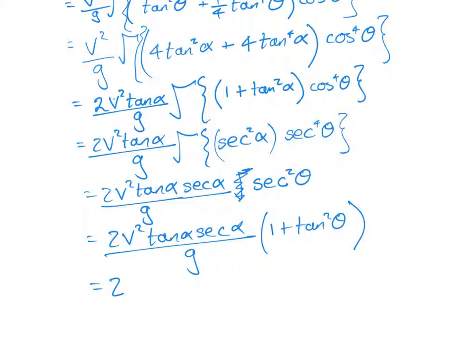I've done bad here. I've just said that cos is equal to sec. That's not true. It's 1 over sec. It's 1 over sec squared. It's 1 over this.